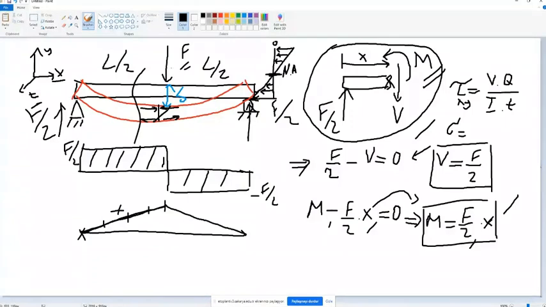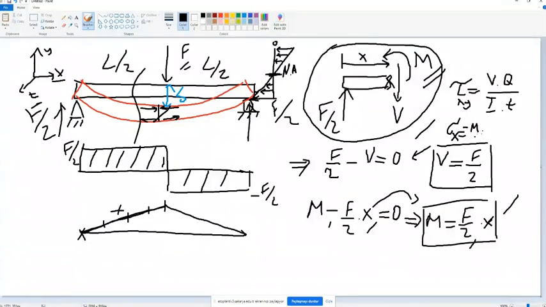And look at the direction. All of the directions are in x. There is nothing in y direction. So we can say that for the bending like this, it is going to create a normal stress in the x direction.